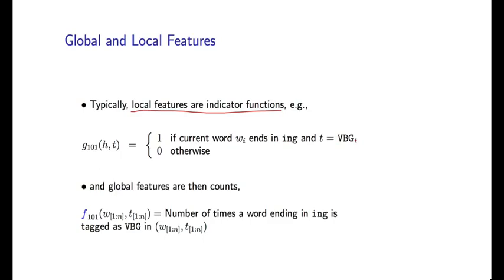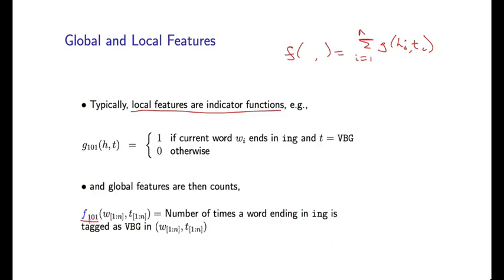What then happens is that these global features become counts because they are sums of these local features. So the 101th component of our global feature vector, remember we have f is equal to the sum from i equals 1 to n of g(h_i, t_i). So it's going to be a sum of these g features applied to every possible position in the tag sequence.